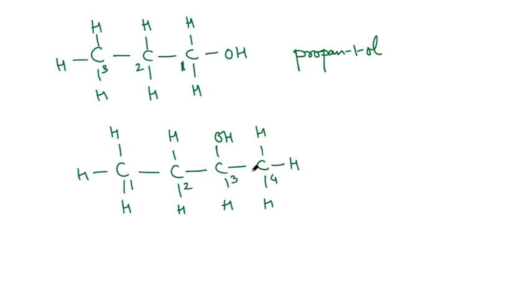But if I number from the right hand side, it is 1, 2, 3, 4. So 2 is a small number, so we choose this number. So it is butane-2-ol. We write butane, B-U-T-A-N dash number 2 dash OL suffix. So the name of this compound becomes butane-2-ol.